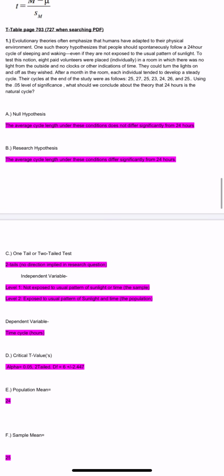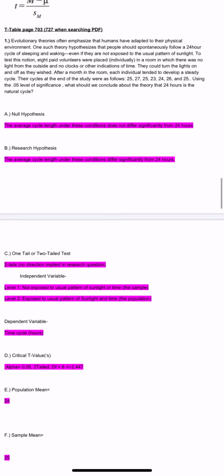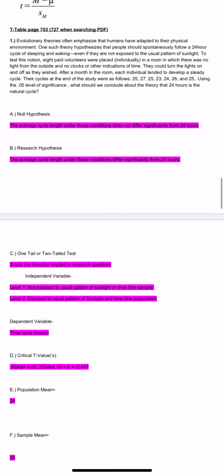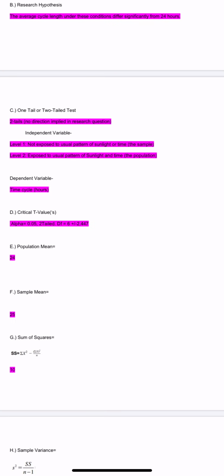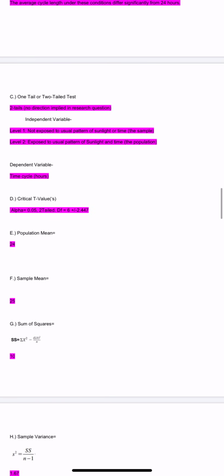And here they don't indicate a direction. They just want to know if this hypothesis holds weight, as a student said. So the average length under these conditions differs significantly from 24 hours. One-tail test or two-tail test? So it's a two-tail test in this case because no direction is implied in the research question.